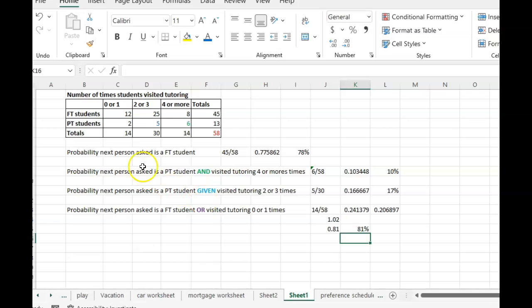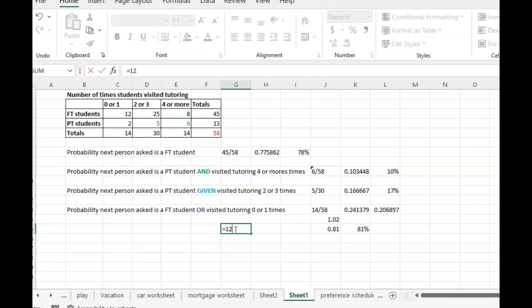Another way we can do it is just to add up all of these numbers, not the totals, I'm sorry, 2 plus 12 plus 25 plus 8, and then divide by the total. So let's try it that way. I say equal 12 plus 25 plus 8 plus 2.